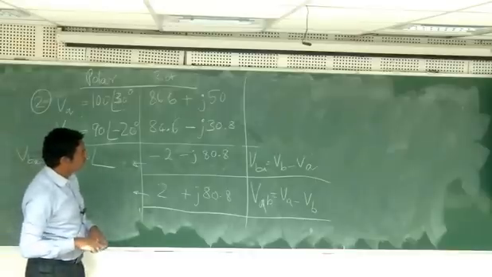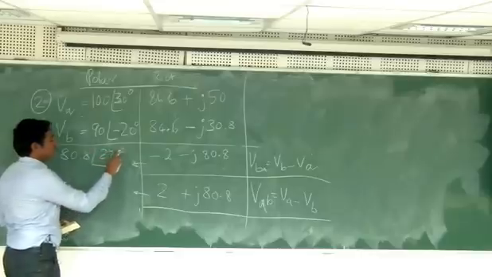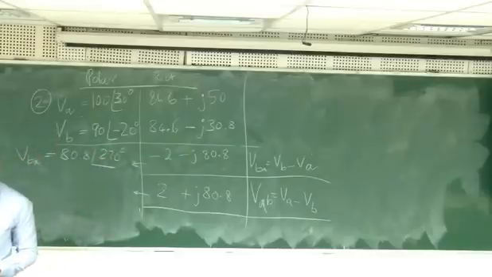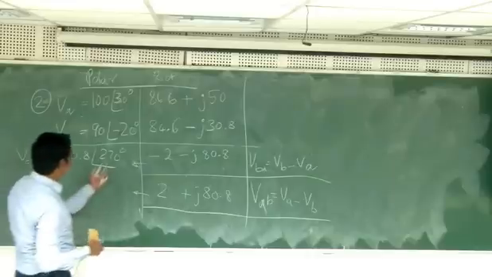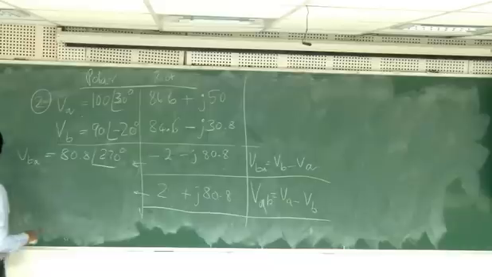Both are negative, so is it somewhere close to 270 degrees? How much is this? 88.5.